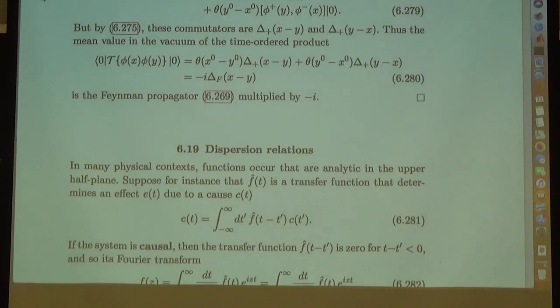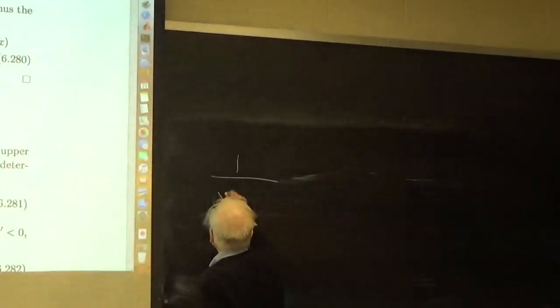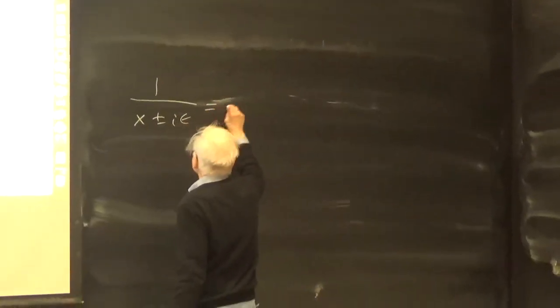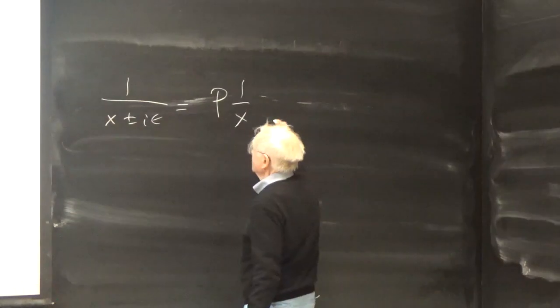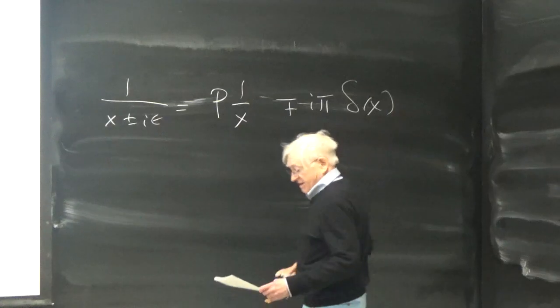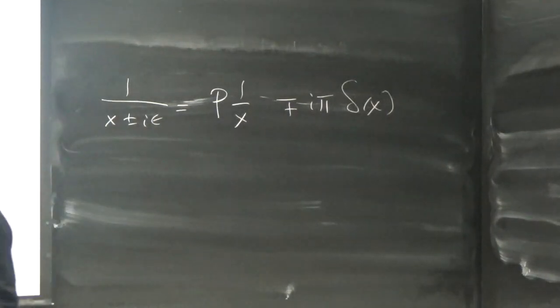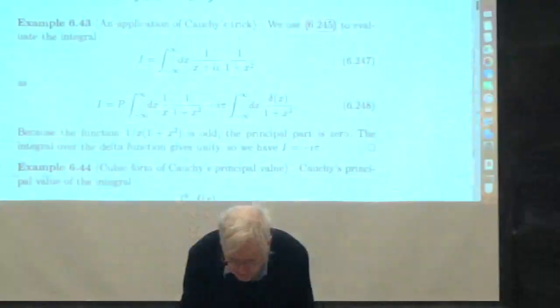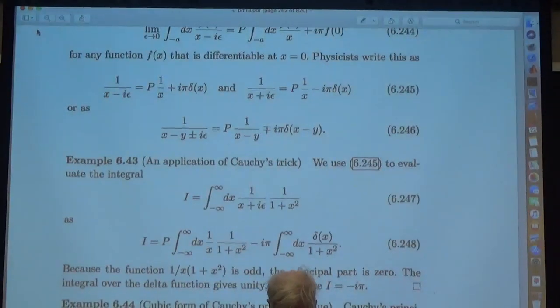Another one is 1 over x plus or minus I epsilon is the principal part of 1 over x minus a plus I pi delta of x, which is something that we learned about as Cauchy's trick. Let me just display it, probably to make sure that's right, minus I pi delta, okay.